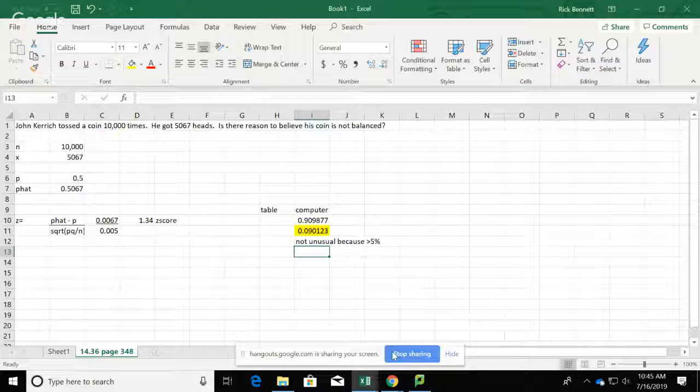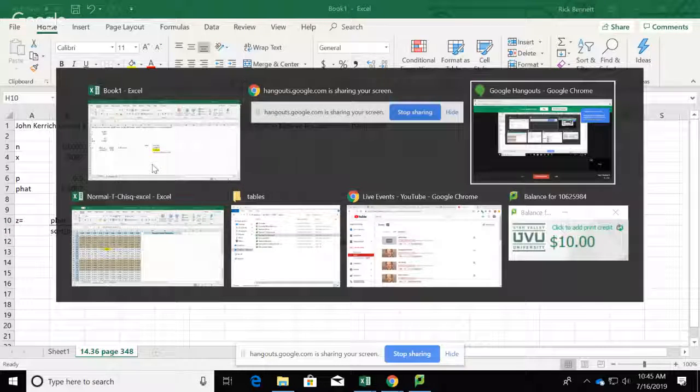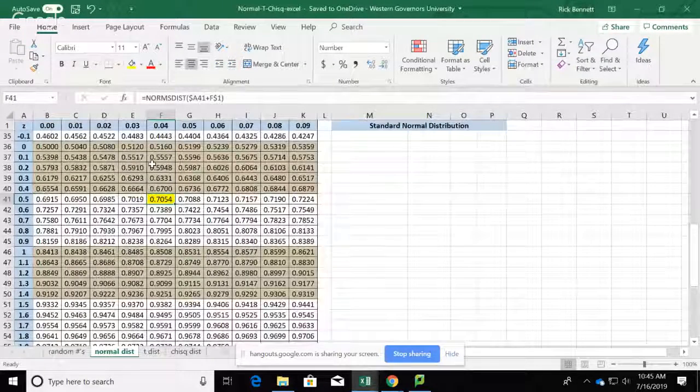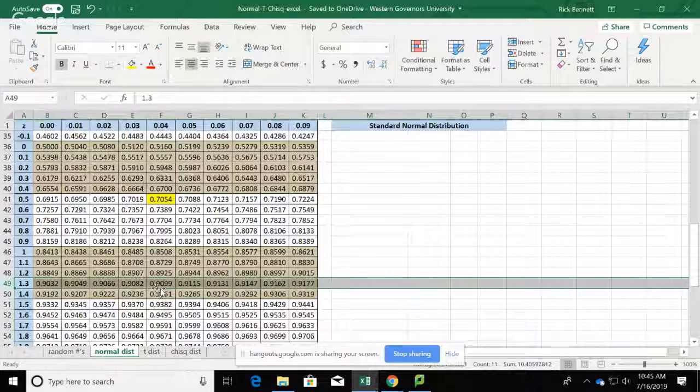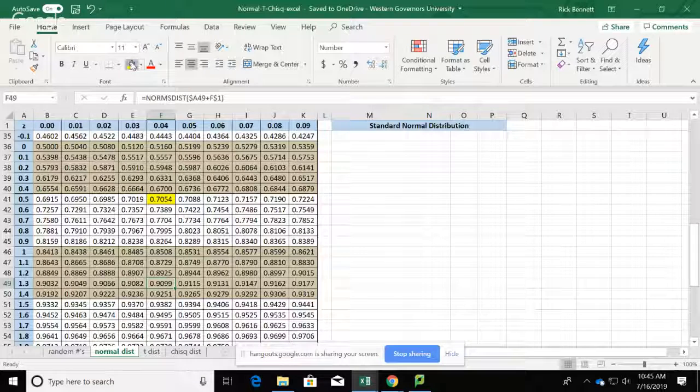Okay, now how do I do this with the table? Hopefully I can find my table here. What am I looking for on my table? 1.3, right? And then I go over to here and I'm going to get that number there, 0.9099.